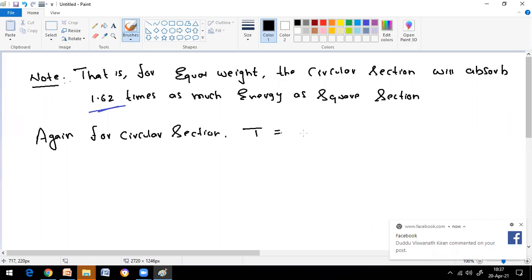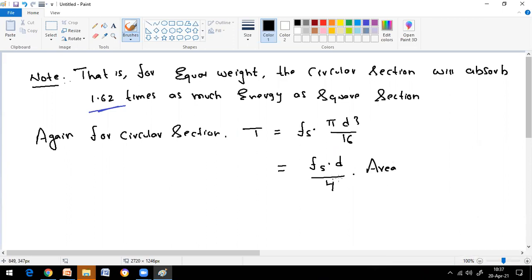What is the torque? Fs into pi d cube by 16, right? So this can be written as Fs into d by 4 times the area, right? Why? Because the area of the circle is pi d square by 4. So this can be written as Fs into d by 4 into area.